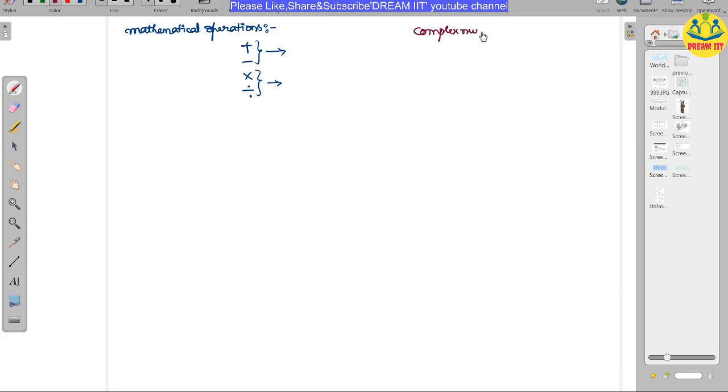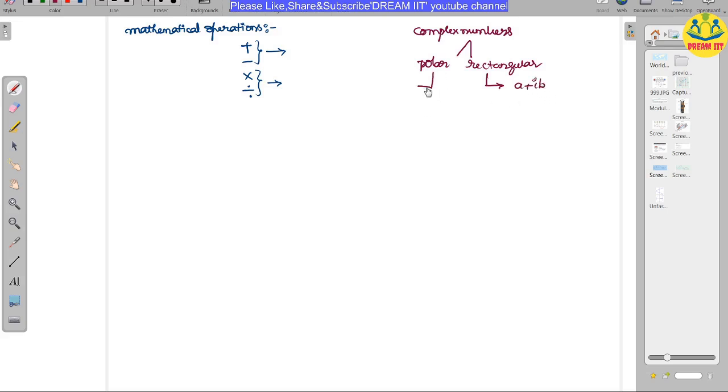Complex numbers have actually 3 forms, but we will use 2 here. One is the polar form, another is the rectangular form. Why am I explaining this here? This is very useful for solving problems in the next module. Rectangular form is represented as a plus jb.